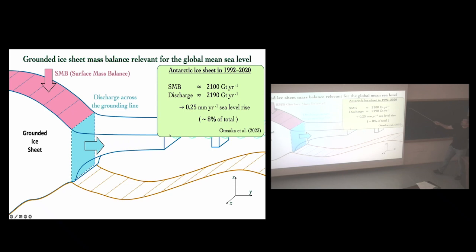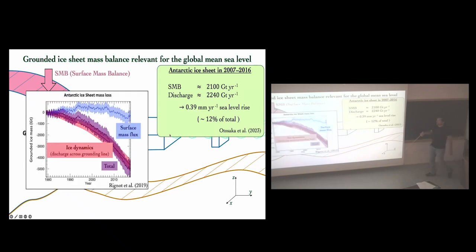Okay, and now, if you take 1992 to 2020, we are no longer in balance, and there are 90 gigatons per year of discharge in addition to the steady state, and that gives a contribution to sea level rise which is 8% of the global mean sea level rise over this period. If you look at the more recent period, it's increasing, and now we reach 12% of the total sea level rise that is explained by the imbalance of Antarctica.